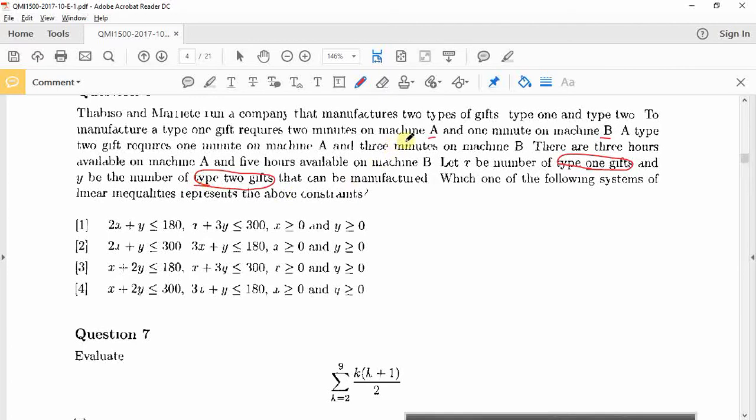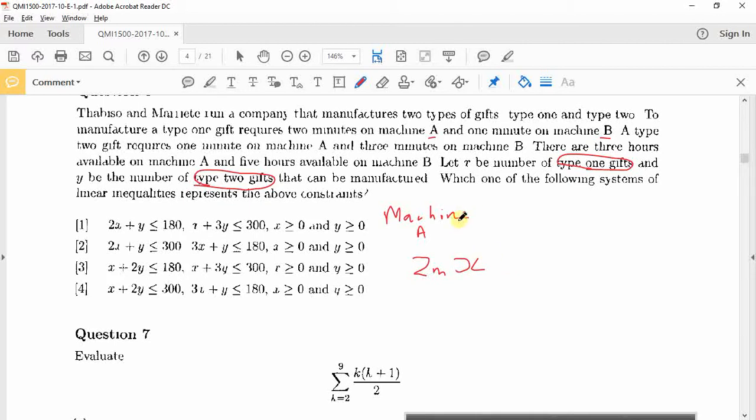Alright, so if we're looking at machine A time, how much time do we have on machine A? 2 minutes for type 1 gift. Yes. So for machine A, a type 1 gift will need 2 minutes. So 2 minutes of X plus, but where's the maximum?